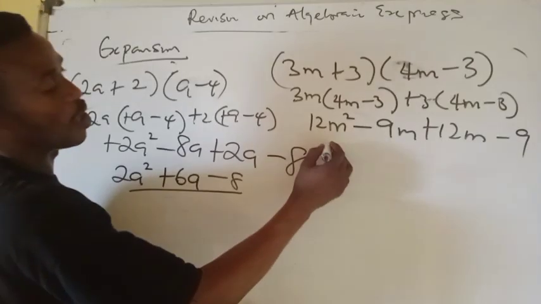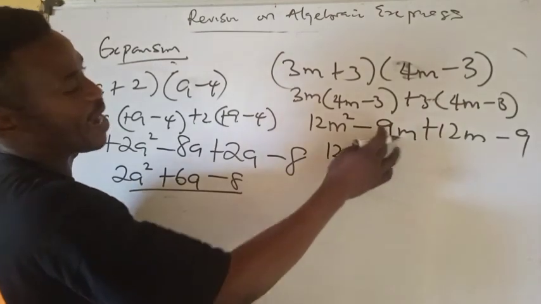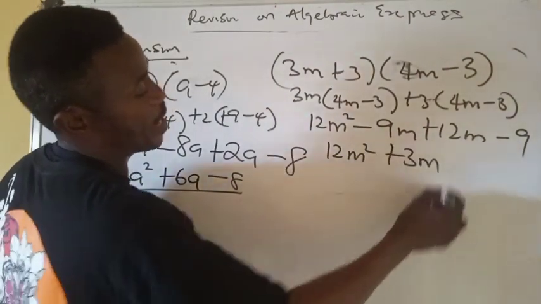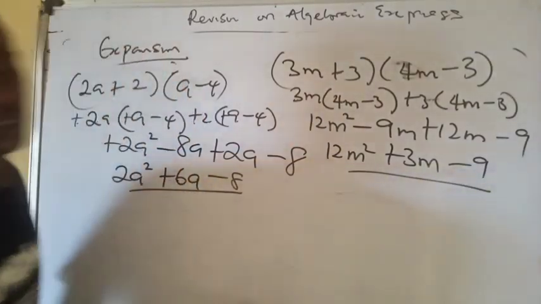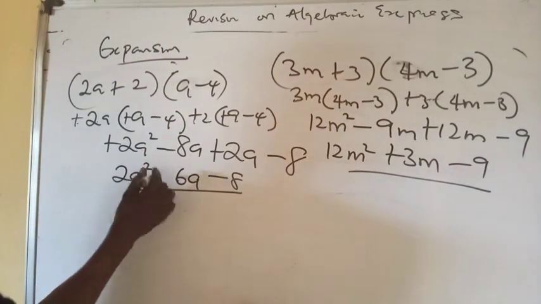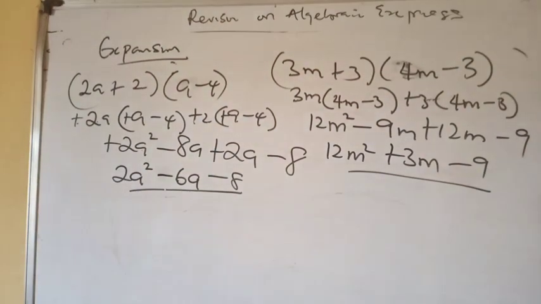So this becomes 12m squared minus 9m plus 12m, what do you have? Plus 3m minus 9. Take it down. What? Minus 6a, where? Minus 8a plus 2a. Sorry, minus 6a. Thank you.